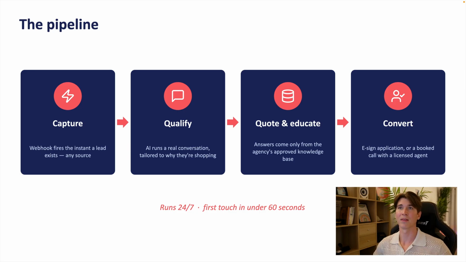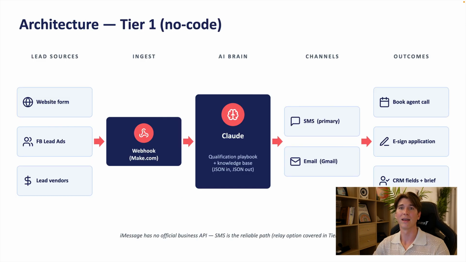Okay, so here's the architecture, how it works. It starts with a website form, Facebook ad, or a different lead vendor that you're contracted with. And that's going to go into the make.com automation platform, and make.com will hook into Claude, the underlying AI model provider.